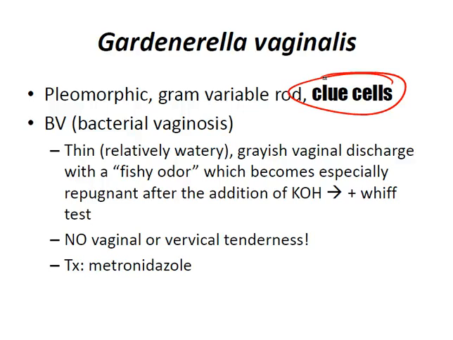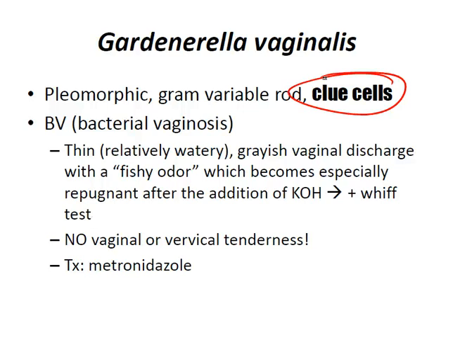Because she is gram-variable, what I meant is she has both gram-positive and gram-negative characteristics. It's usually alterations in natural vaginal flora which may lead to overgrowth of Gardnerella vaginalis, which is BV, or bacterial vaginosis.